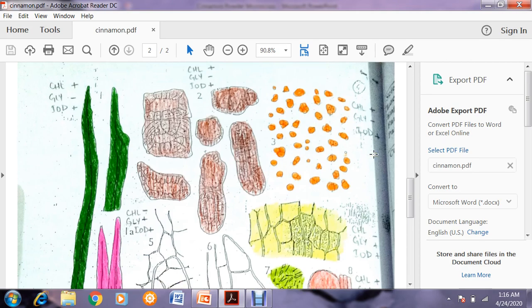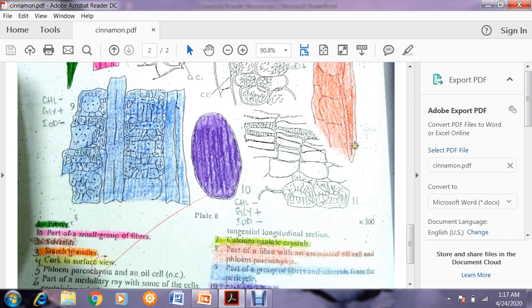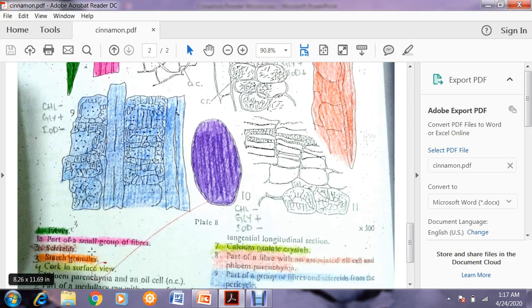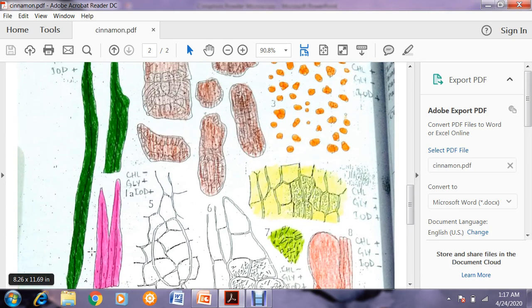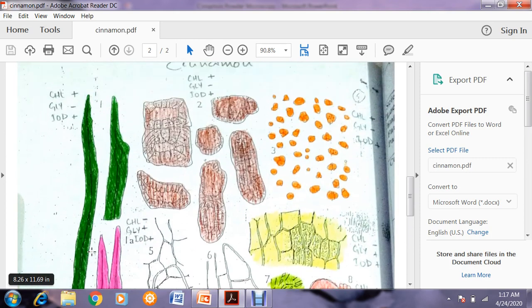So what is this number 3? It is actually the starch granules. This is also a characteristic feature of the cinnamon bark. They will see it in chloral hydrate iodine, where there is a positive sign, while in glycerin they don't observe it.